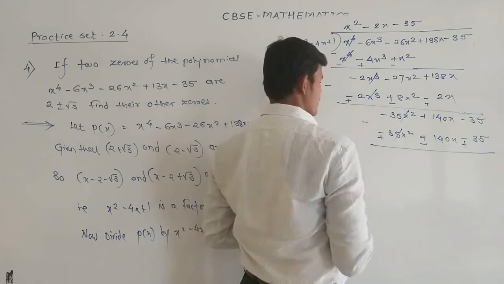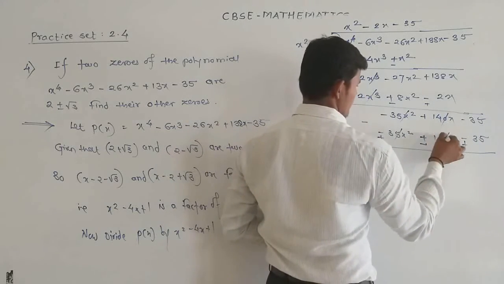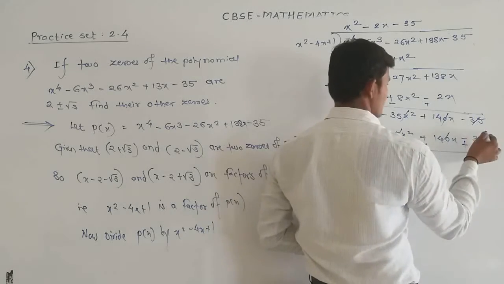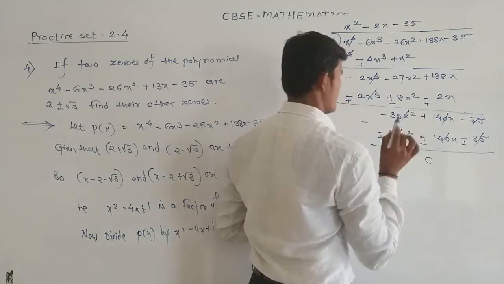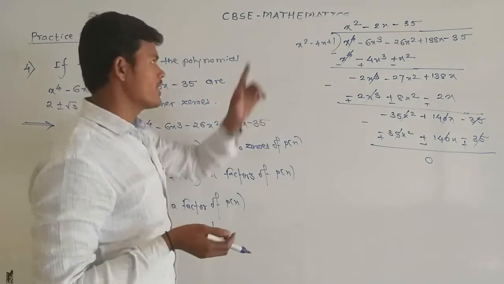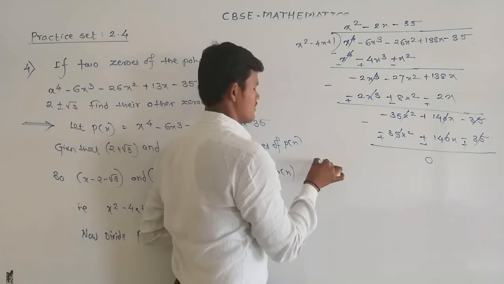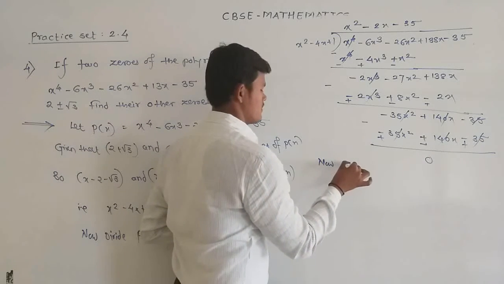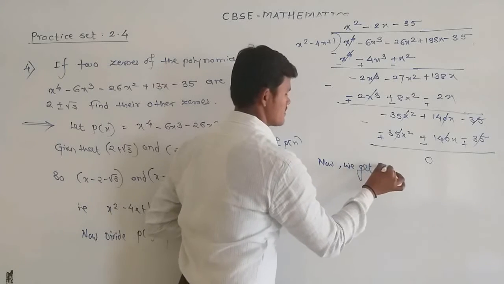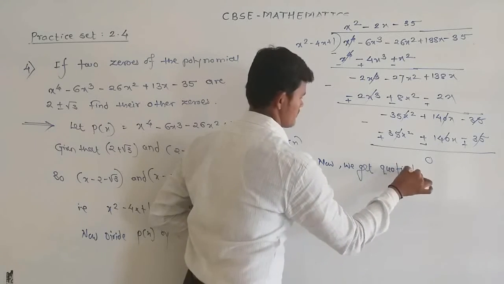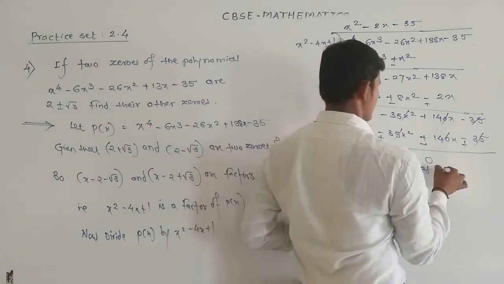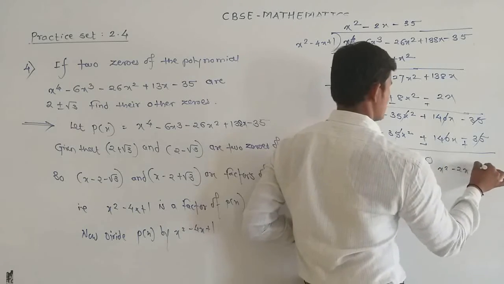Minus 35x square plus 35x square cancel, 140x minus 140x cancel, minus 35 plus 35 get cancelled, so we get remainder as 0. Now we get quotient as x square minus 2x minus 35.